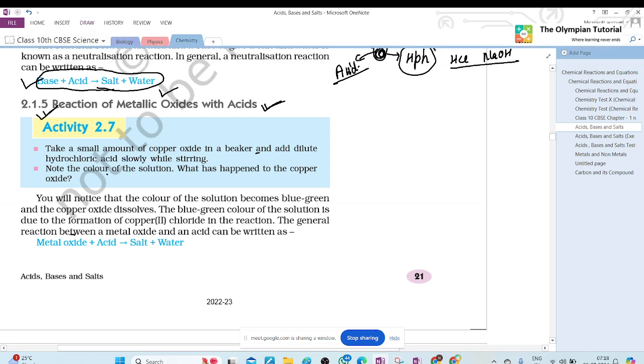After that, write down this equation. When metal oxide reacts with acid, it will give salt plus water. Written.